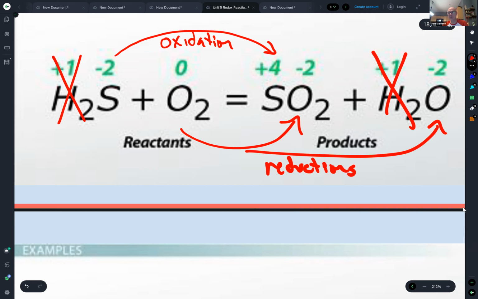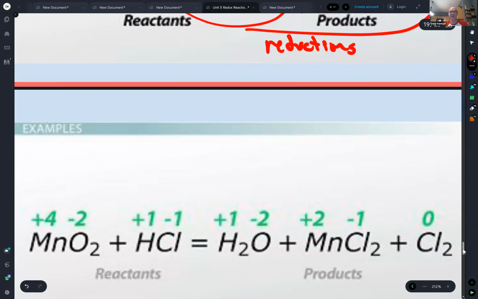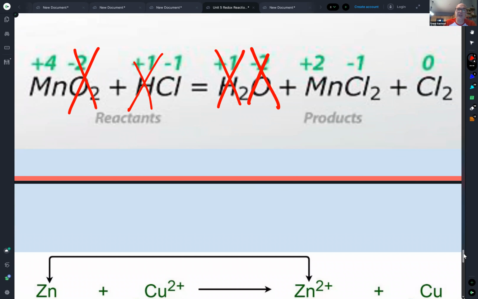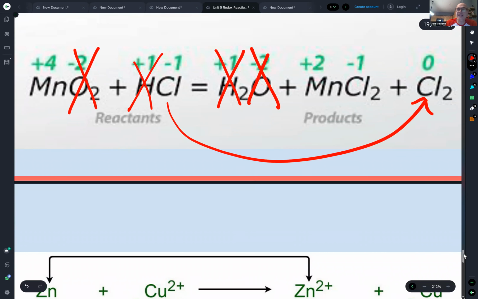Let's do another example. So looking at my, let's take a look. The hydrogens on both sides are +1. They did not change. They're not going through any changes. My oxygens, they were at -2 and -2. They did not change. So they're out of the running. So let's take a look now. Did the chlorine become more positive? Yes. It moved towards the positive side.